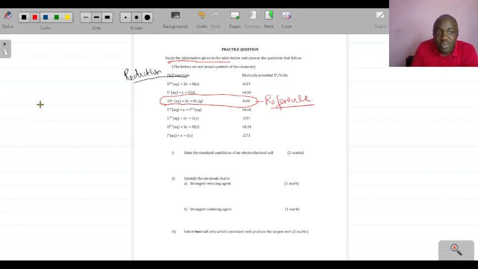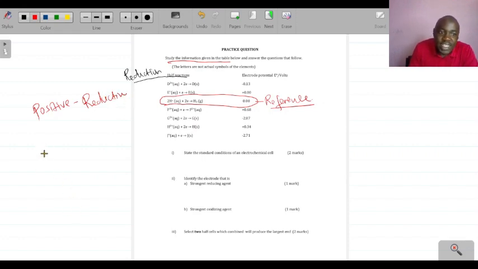So the question is, those that are positive, what did we conclude? So remember what we said, if they are positive electrode potentials, it means these electrodes have the greatest ability to gain an electron more than hydrogen. So therefore, easily undergoes reduction.